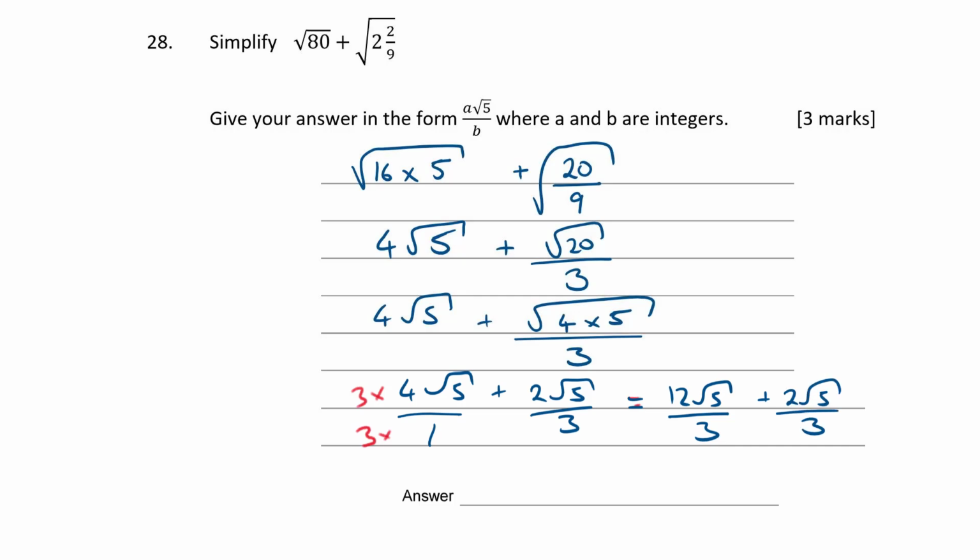So now I've got two fractions with the same denominator, so I simply add the numerators together. That's going to be 14 root 5 over 3. So it's in the form a root 5 over b now, isn't it? Where a is 14 and b is 3.